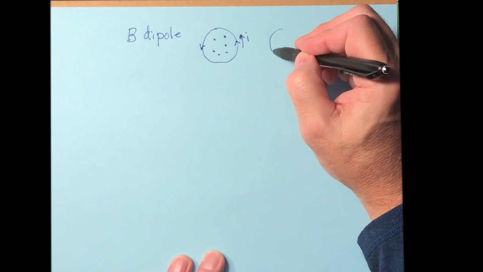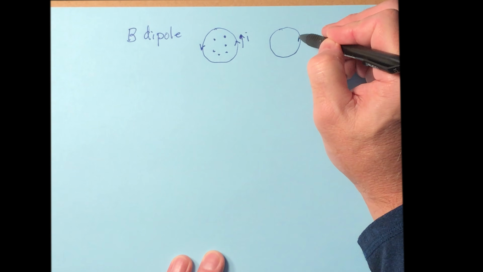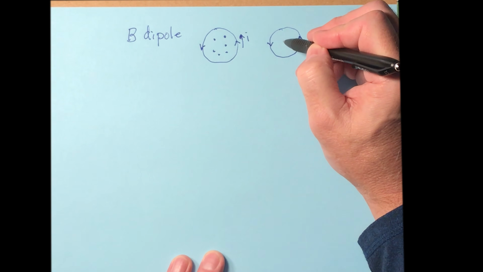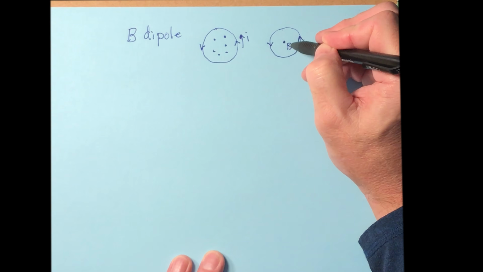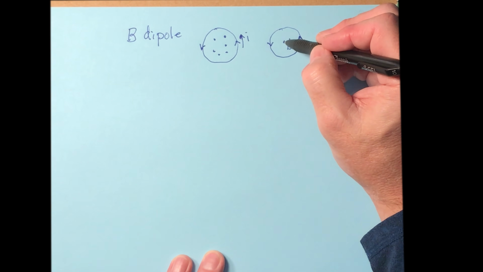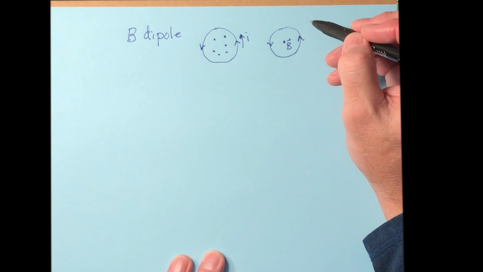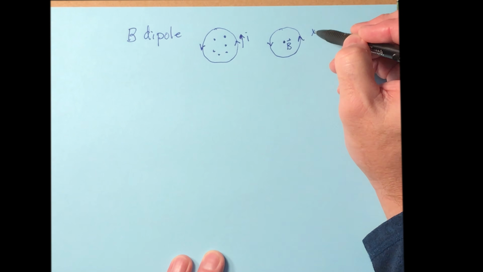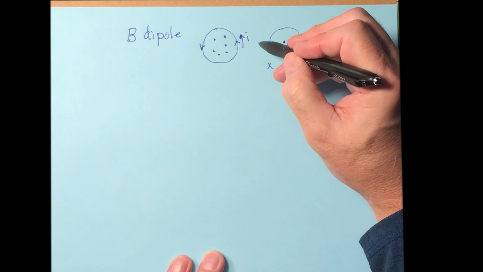So you could illustrate that by saying, here's this loop of wire with a current going around in that direction, and a magnetic field coming out right there. Those magnetic field lines would come out here and go in outside of the wire.